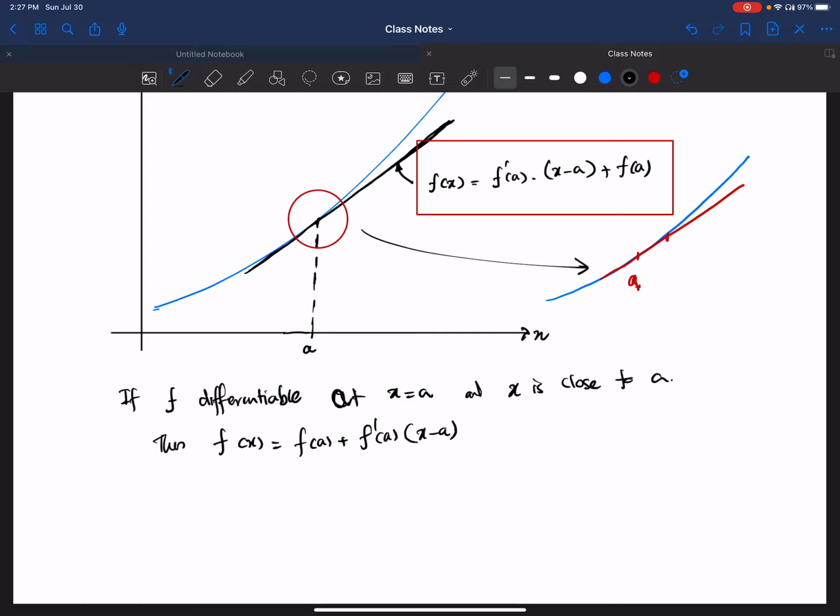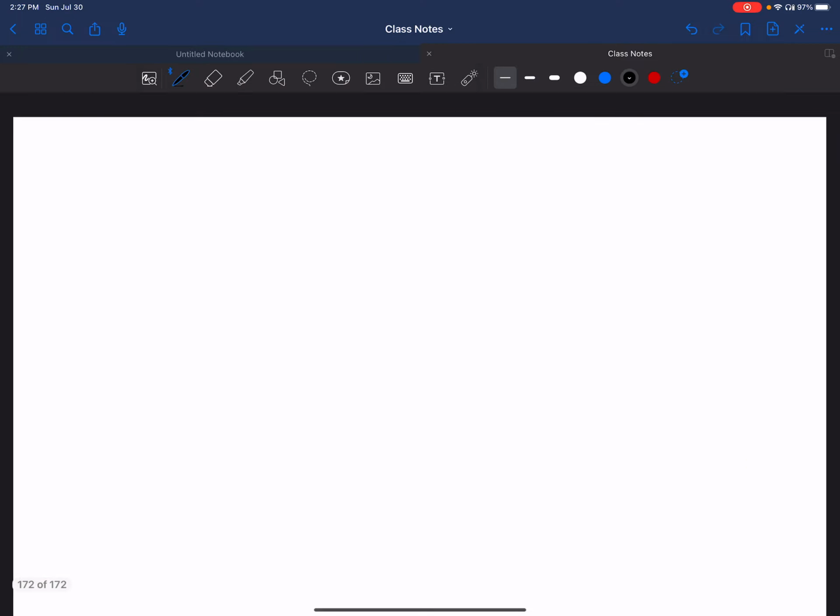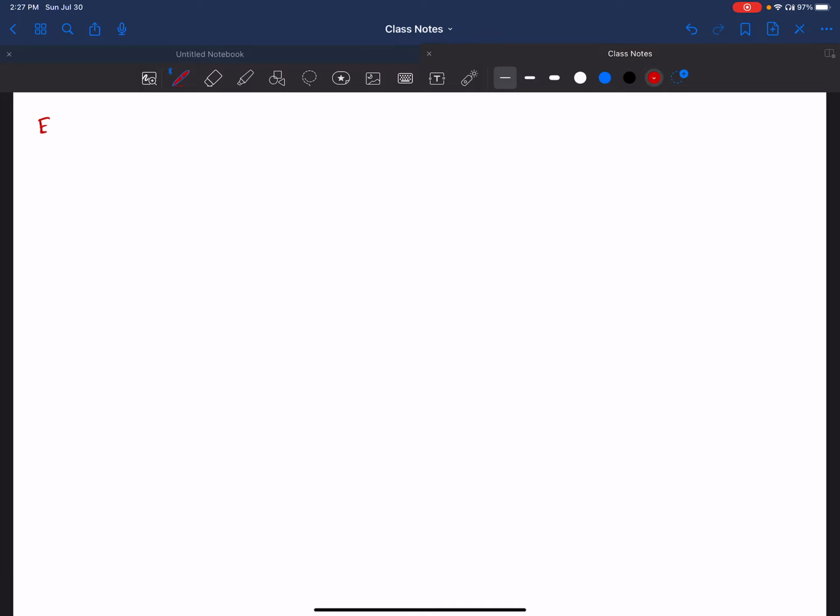So the example: determine the linearized formula for f of x equal square root of x times e to the power x minus 1.